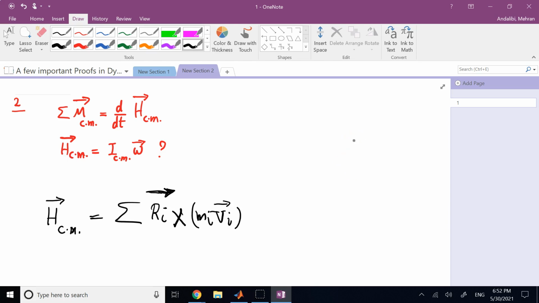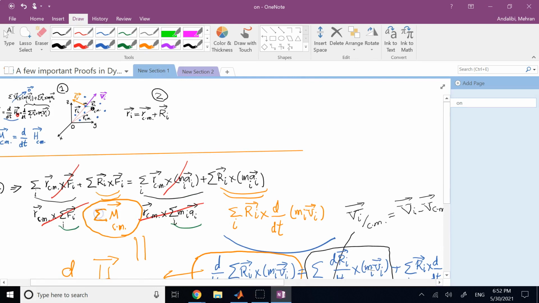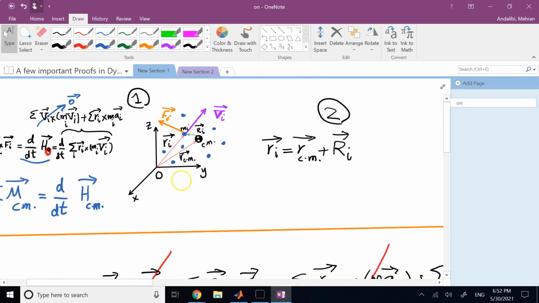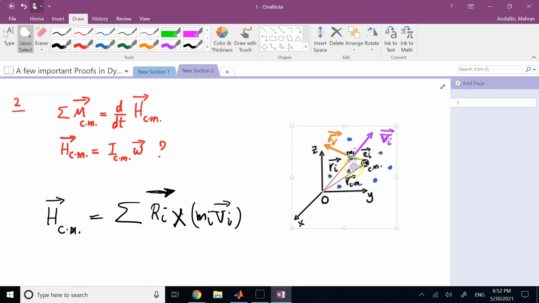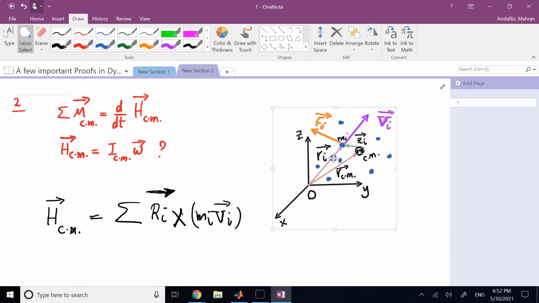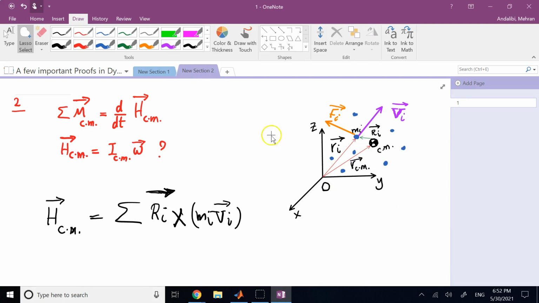Where again, what you had was a system of particles, and let me copy this figure to the next page as well. It could be quite useful to have that right in front of our eyes. So this is what we had, and here this Fi does not matter, so I'm going to get rid of it for you. So that was the definition of angular momentum of the whole system with respect to the centroid.